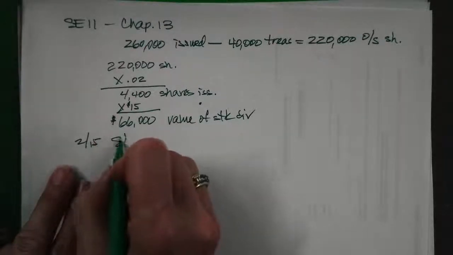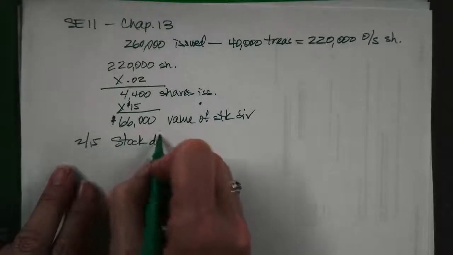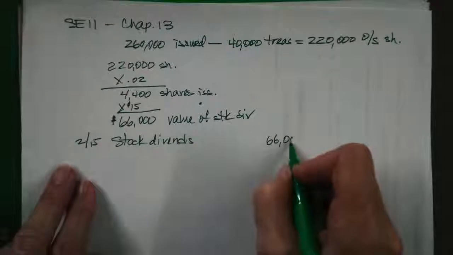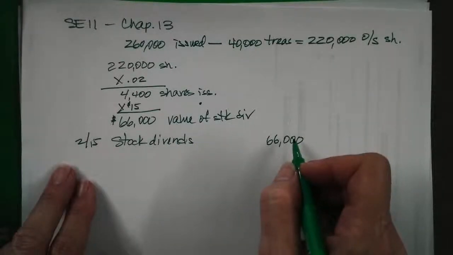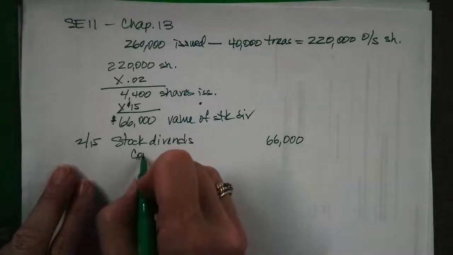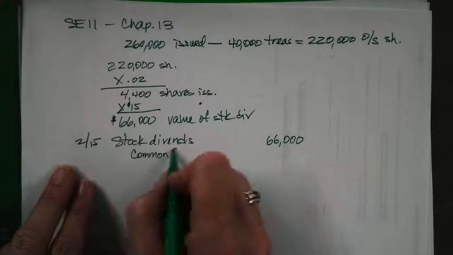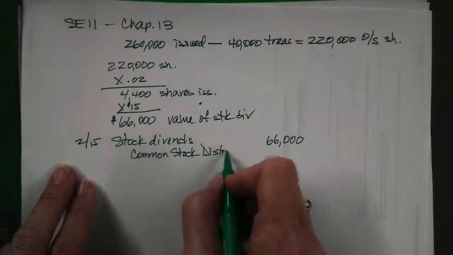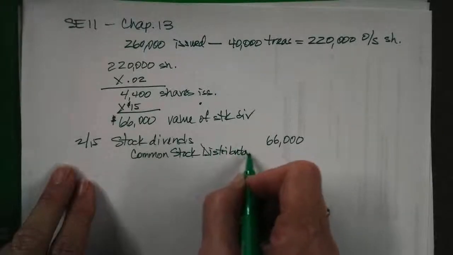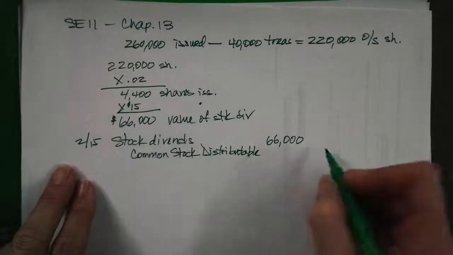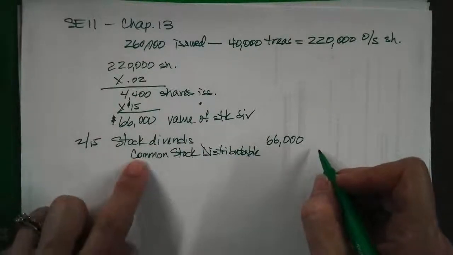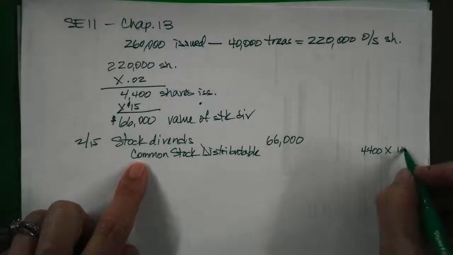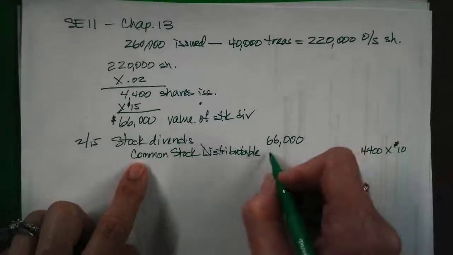So we will debit stock dividends for $66,000, and we will credit a new account, common stock distributable, because we're not writing a check. We're only going to do that for 4,400 shares times par value of $10 a share.